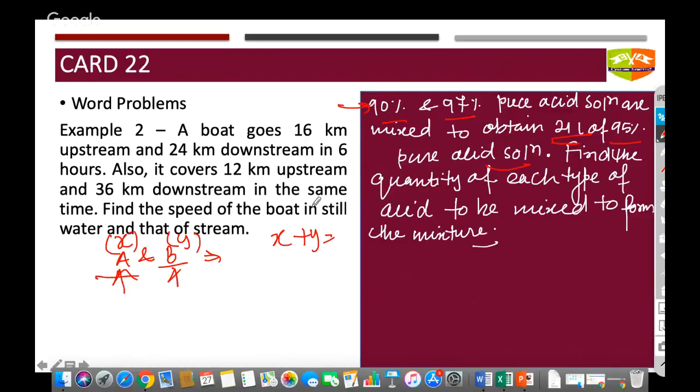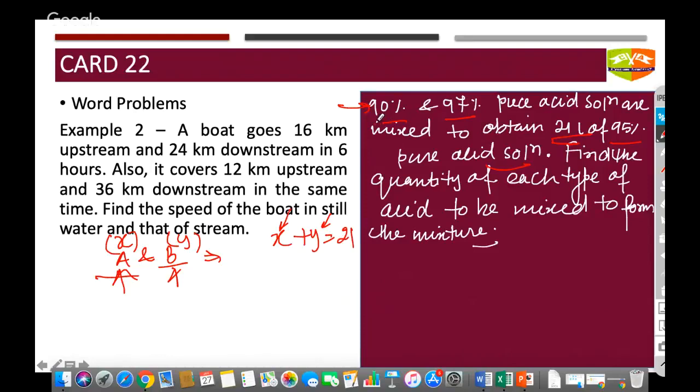Whatever the concentration of acid, if two different liquids are mixed together to obtain 21 liters of final solution, the addition of volume 1 and volume 2 is equal to 21 liters. That is why I'm taking volume 1 as X and volume 2 as Y, and X plus Y is equal to 21 liters.